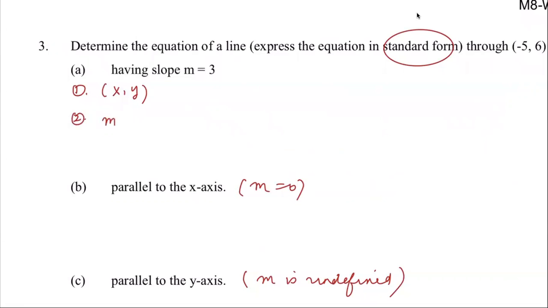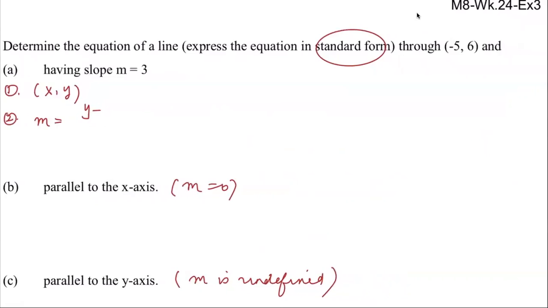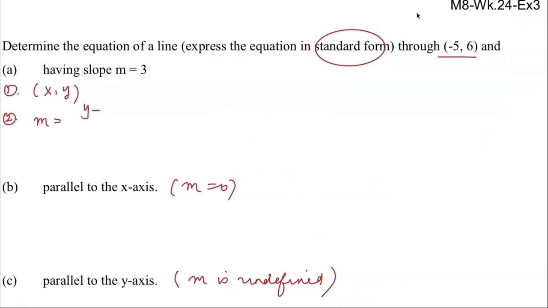Step 2, we use the slope formula, which is y minus, this is the point, right? So my y minus 6 over x minus 5 is equal to the slope, which is given as 3.